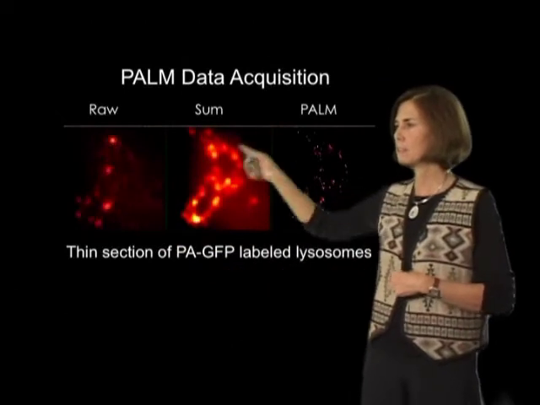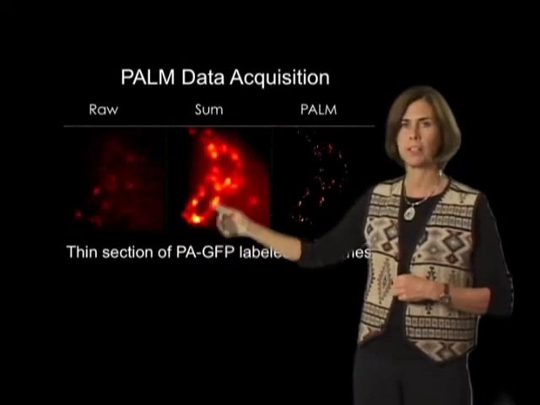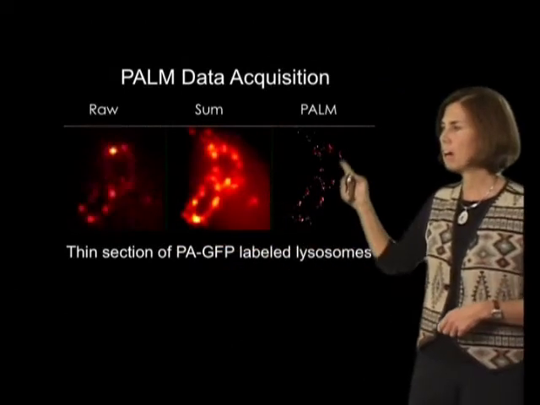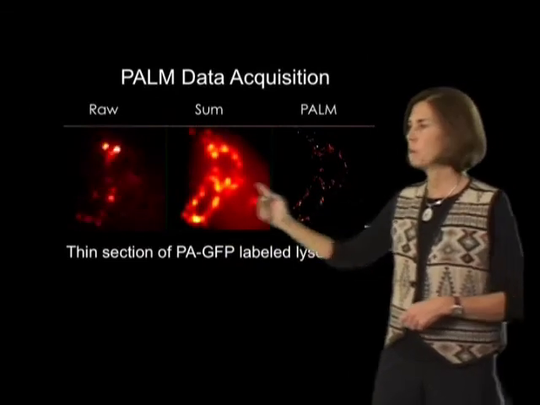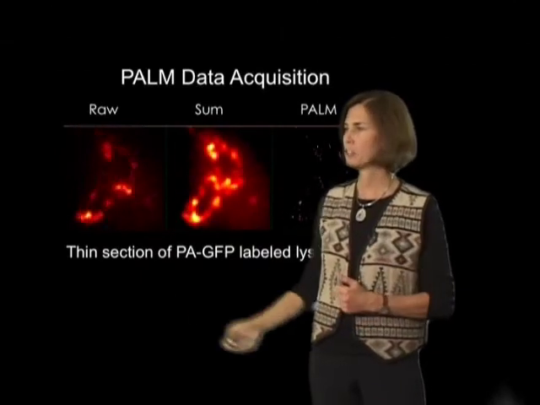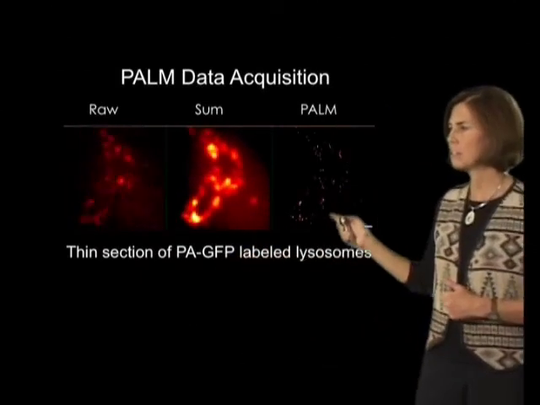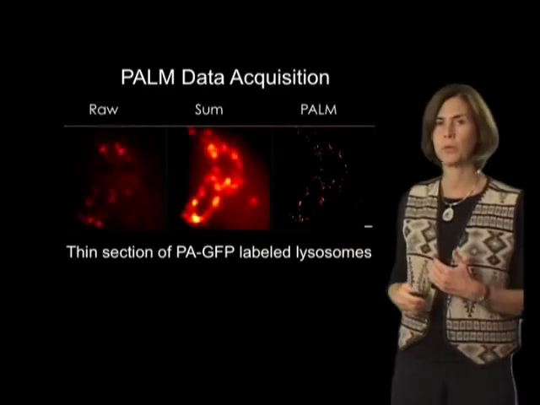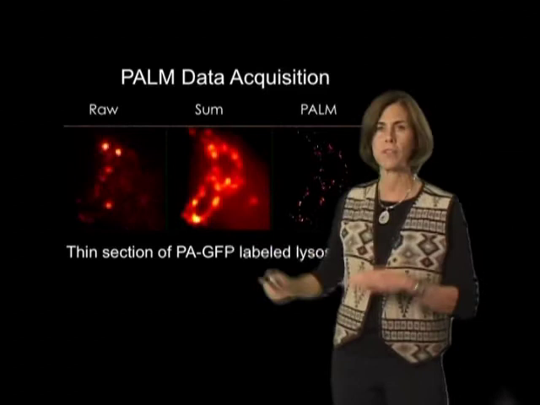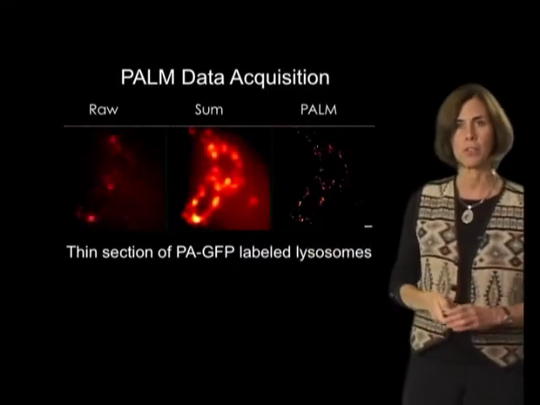This is the summed distribution of all of those molecules. And here is the PALM image that's being constructed as we photoactivate individual molecules in that thin section. And with time, you can see we can build the super-resolution image of all the molecules that were distributed within this thin section of lysosomes.